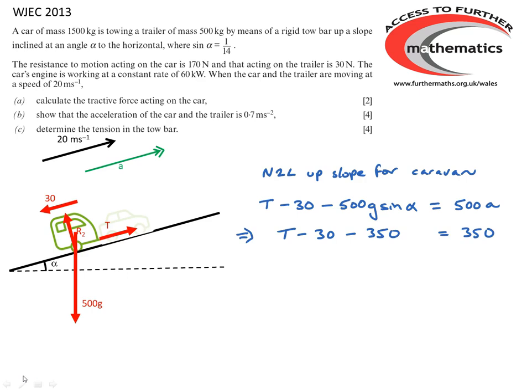So we've got T minus 30 minus 350 must equal 500 times a, but we know that a is 0.7. So we end up with T being 730 newtons.